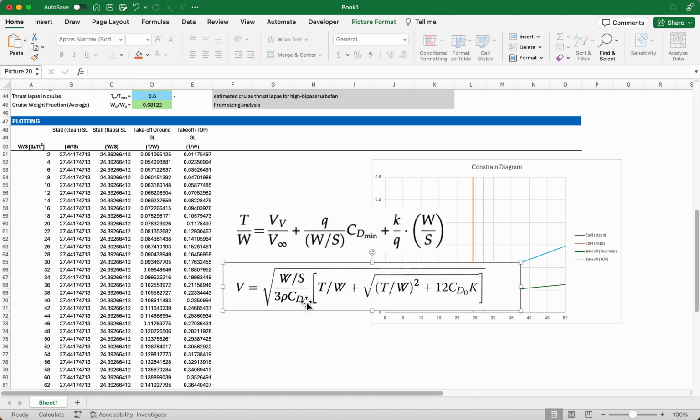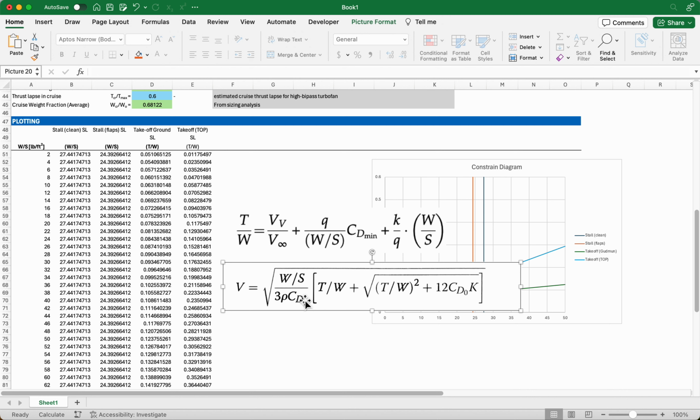This is essentially when we take our relationship for the forward airspeed as a function of vertical airspeed, take the derivative with respect to our airspeed, set it to 0, we can maximize our rate of climb, and we end up with these terms: thrust to weight ratio and wing loading. And this is again based on the simplified drag model.